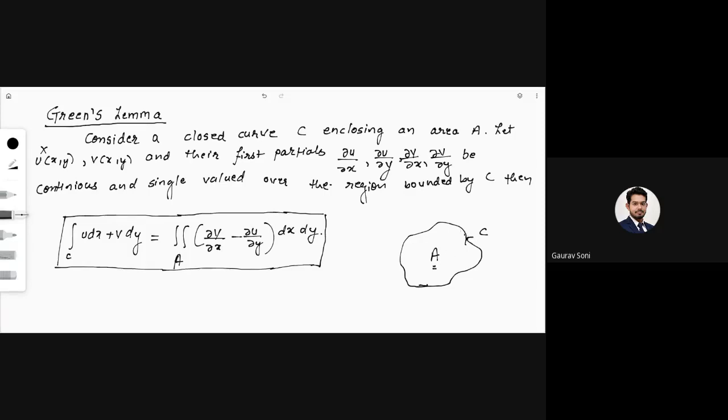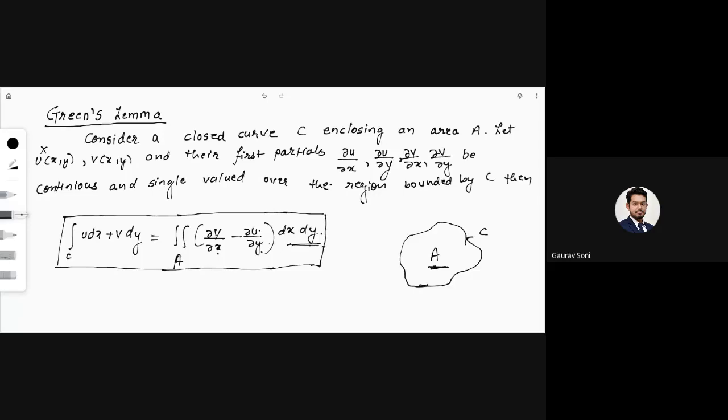So Green's lemma states that the line integral over this curve u dx plus v dy is actually equal to double integration over this area A of partial derivative of v with respect to x minus partial derivative of u with respect to y dx dy.